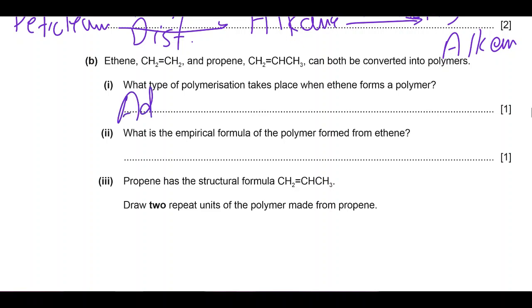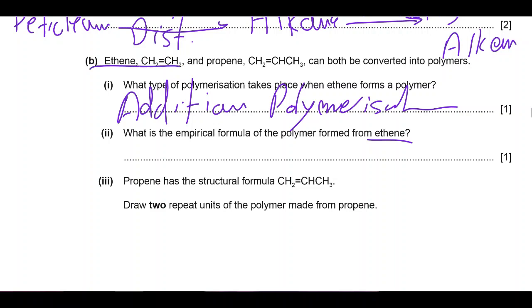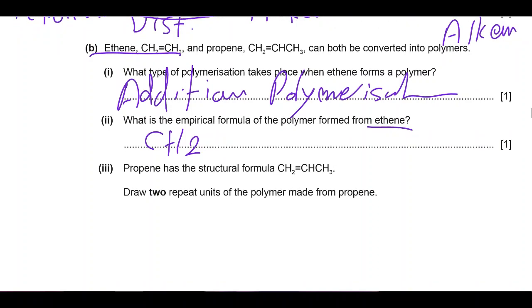It's addition polymerization. Empirical formula of the polymer made from ethene. Also, as I told you, always in the alkene and their polymer, the empirical formula is the same. So here ethene, you have 2 carbons and 4 hydrogens, so it's CH2, the empirical formula.